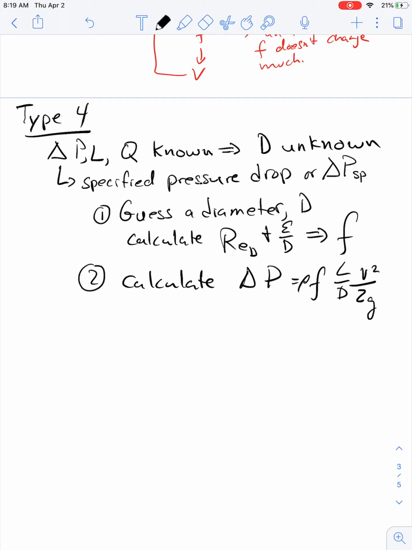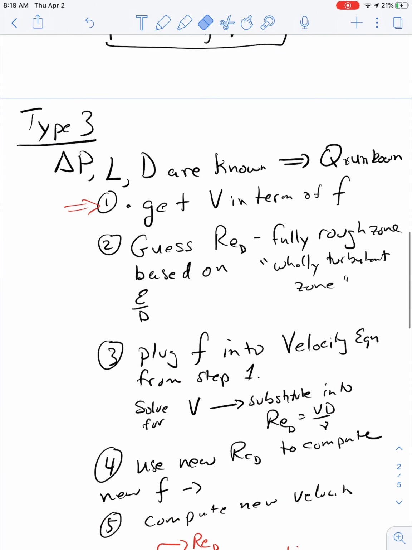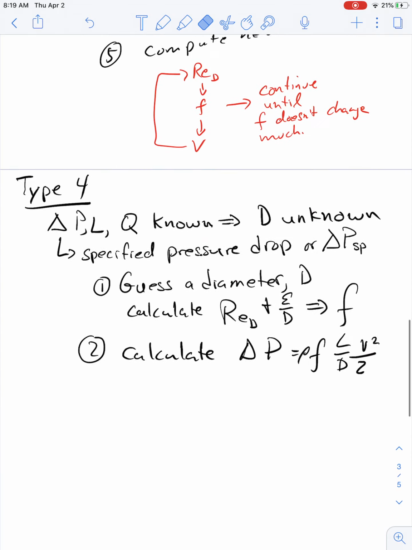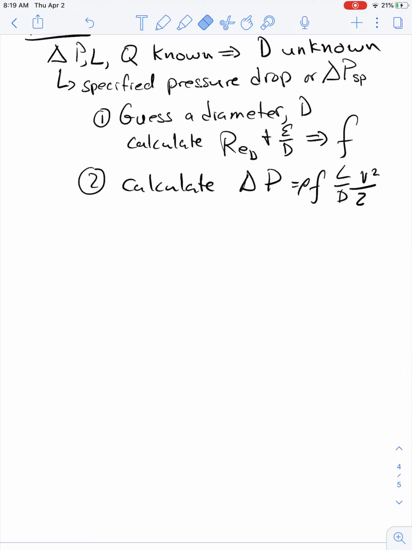Once we have that delta P, we've multiplied by rho g, right? So we're using the equation that I gave you right here, which is the energy equation, delta P over rho g. I'm just multiplying both sides by rho g, and this g down here cancels, and then there's a rho in there. So we have delta P equal rho v squared FL over d.